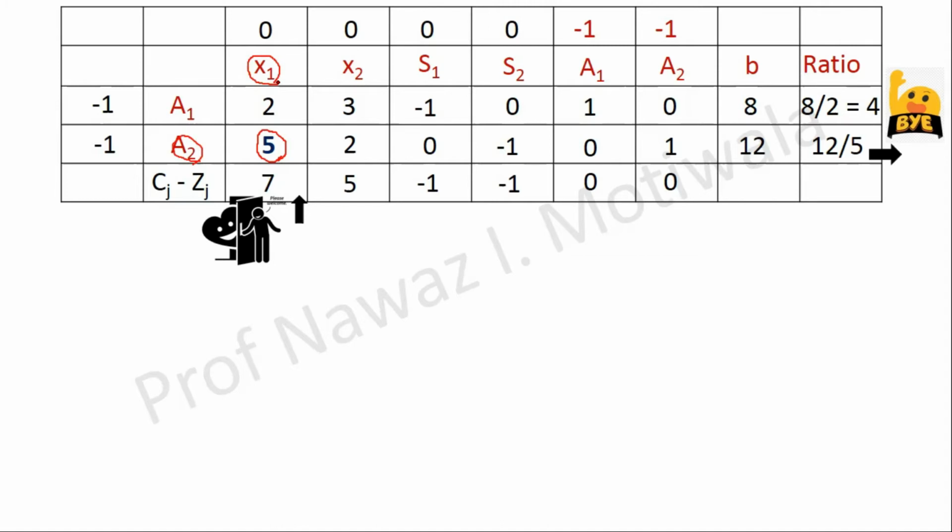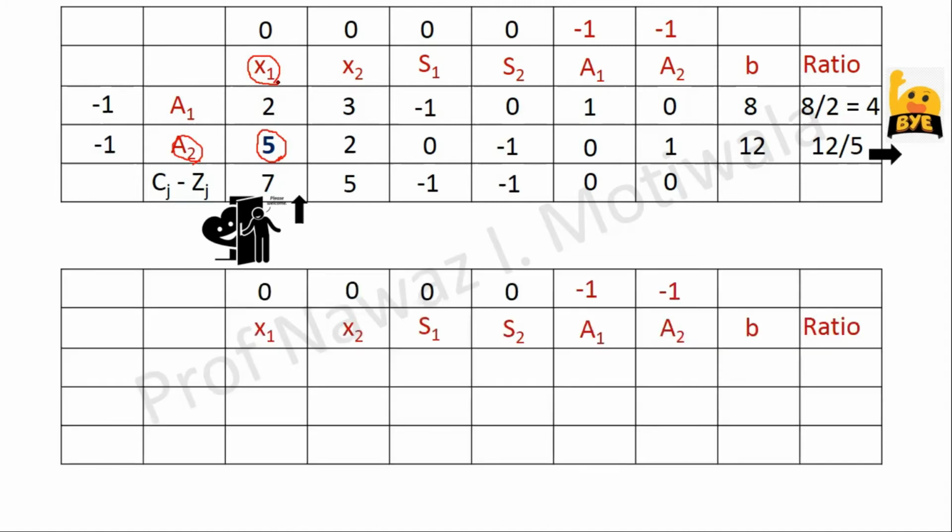So let us quickly go to the next iteration, wherein I will just change a2 to x1, as x1 was the incoming variable. Now, after finding this basic variable, the next step is to find the coefficient of these variables from the objective function. Here you can see that it is -1 and 0.